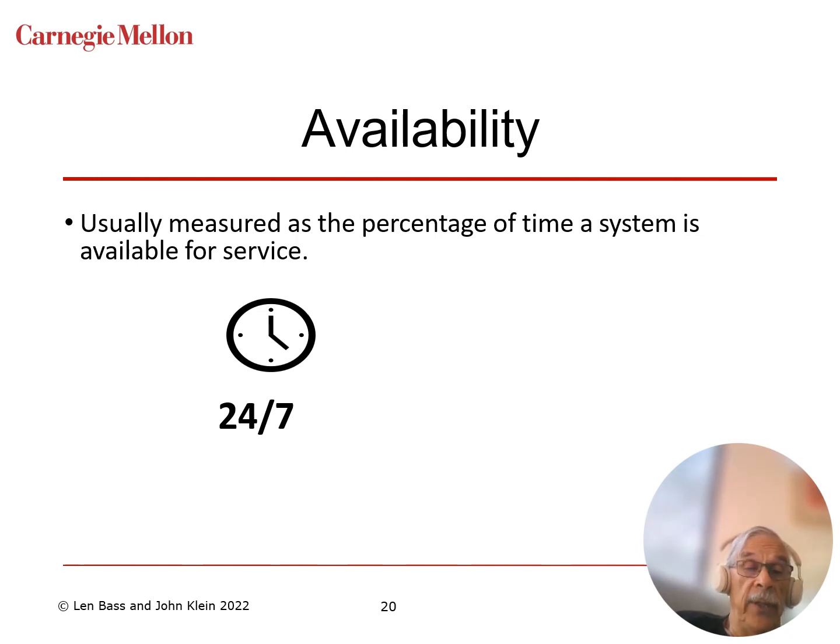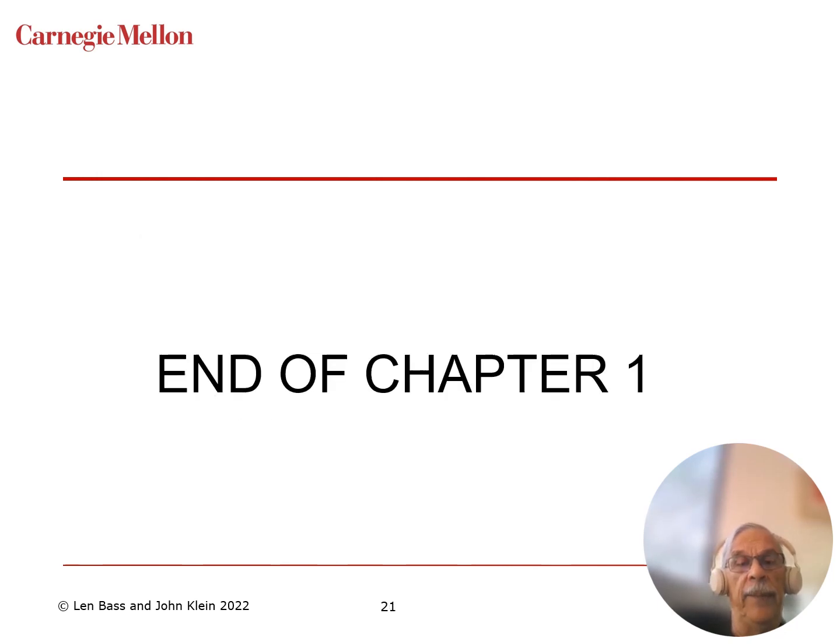So you know about 24/7. You may want to specify availability in terms of nines. So four nines is 99.99 percent. Did I do that right? Percent of the time the system is available. So you would have a specification like that for availability.